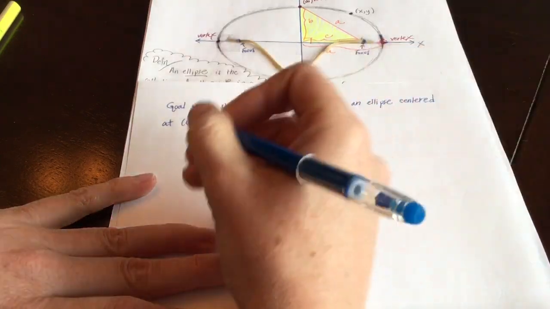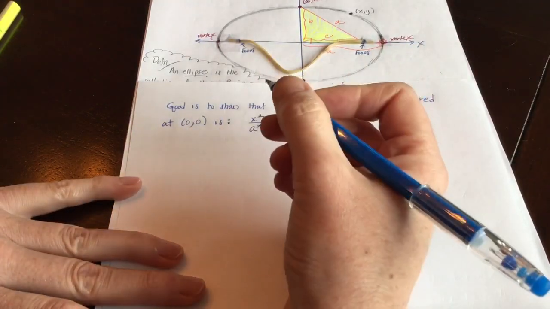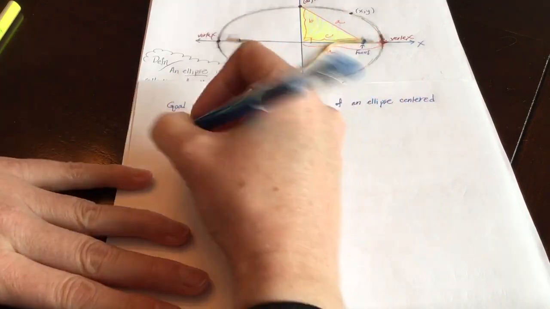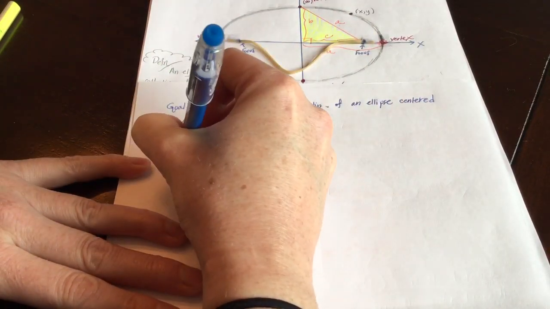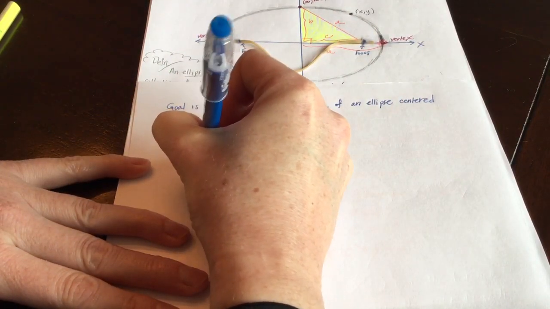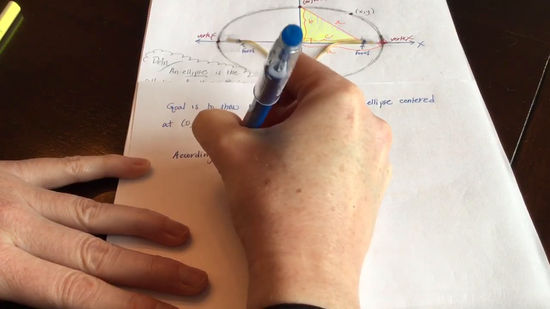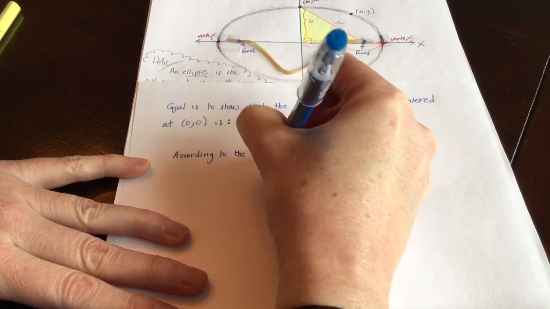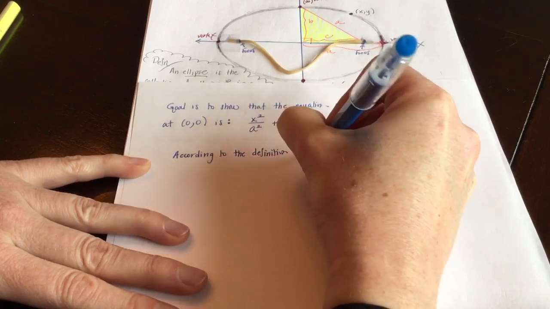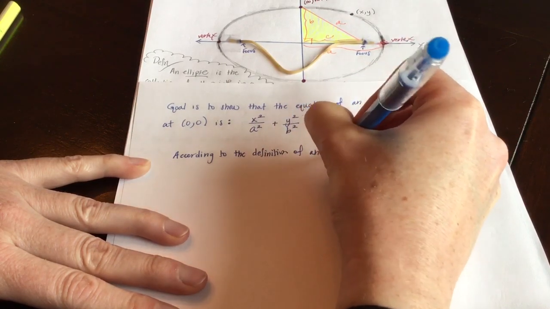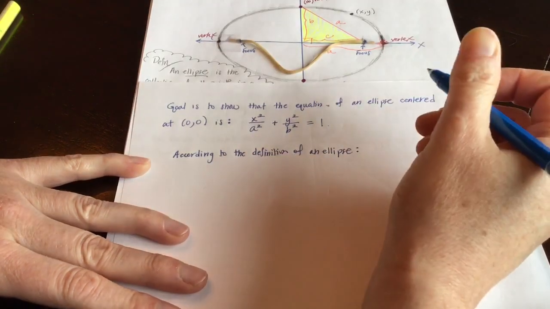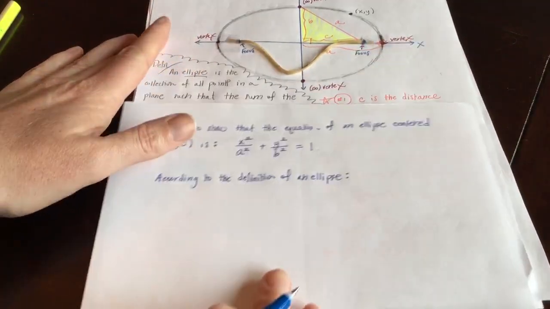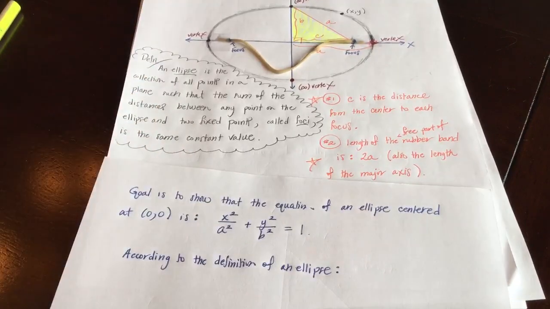Okay, and so to get started on it, we're going to start with, according to the definition of an ellipse, if you reread it, what makes a point be on an ellipse?